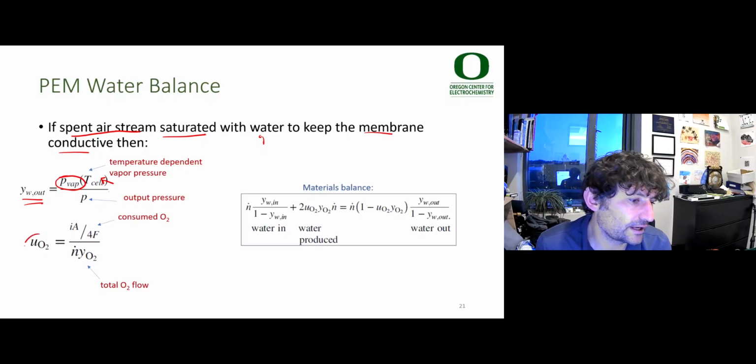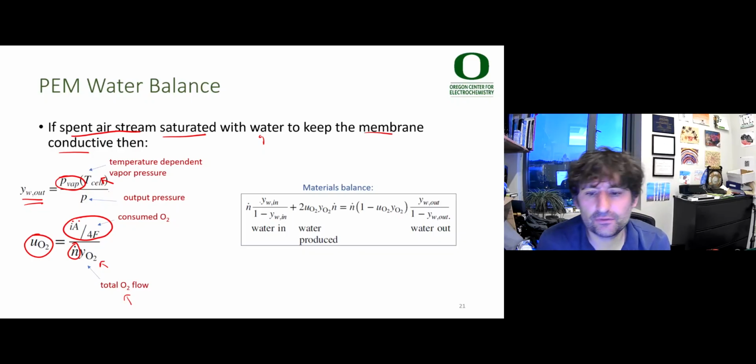We can also write the utilization of oxygen as the consumed oxygen, the I times the area of the cell over 4F, divided by the total oxygen flow, which is just the flow rate times the molar fraction of oxygen in your input air.